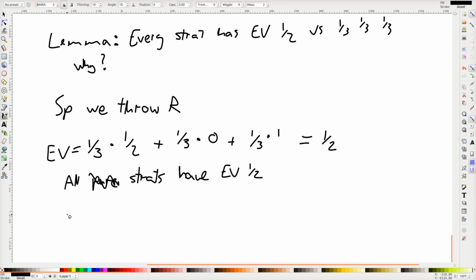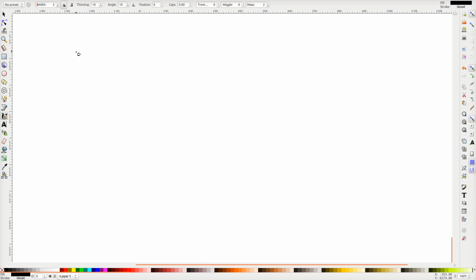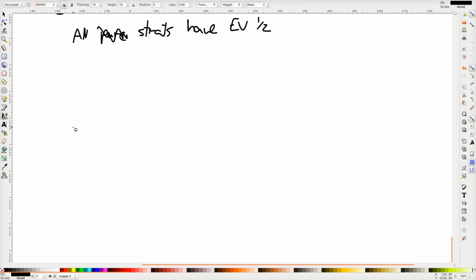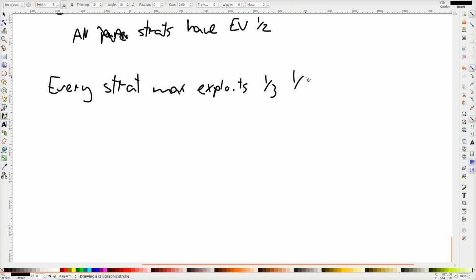So in light of this observation, every strat maximally exploits 1/3, 1/3, 1/3. Because everything has EV 1/2 against it.